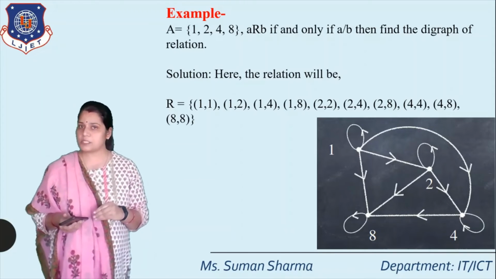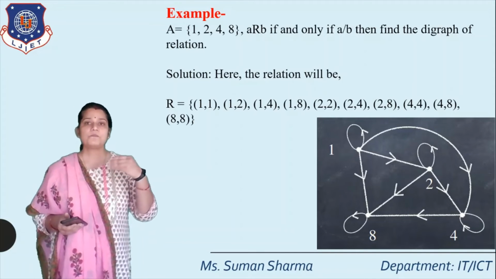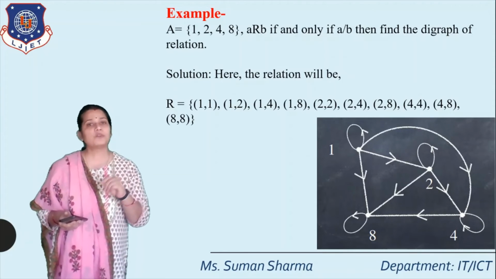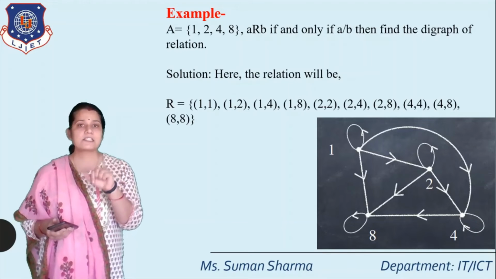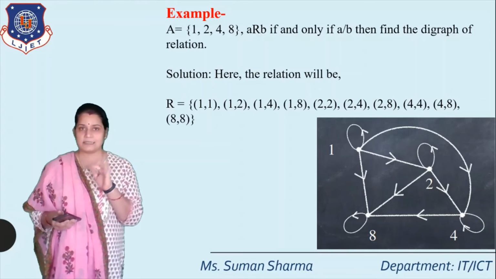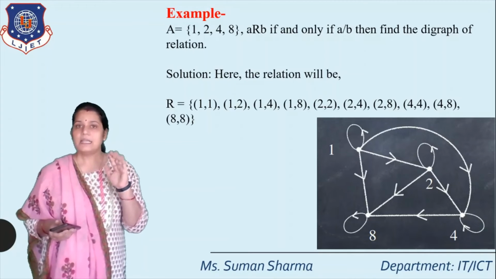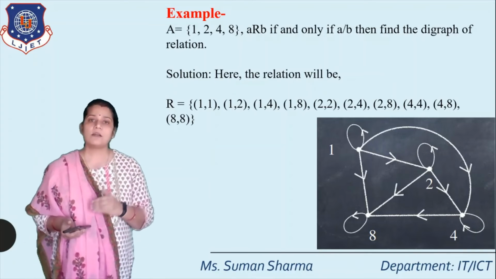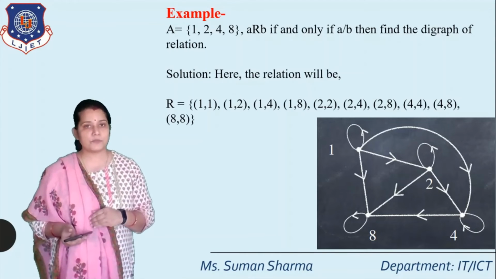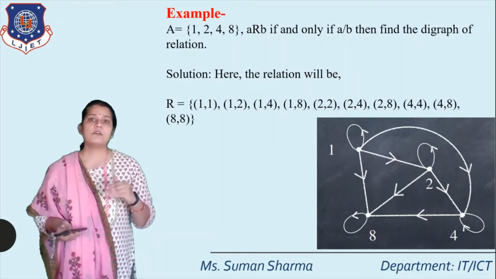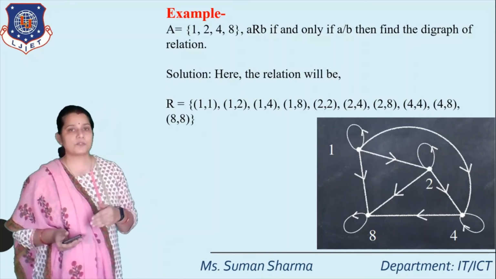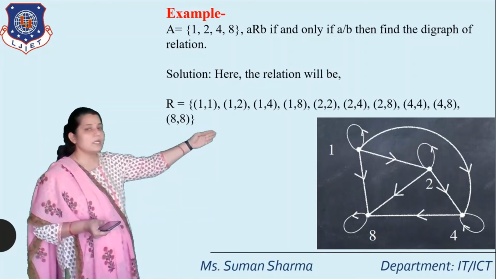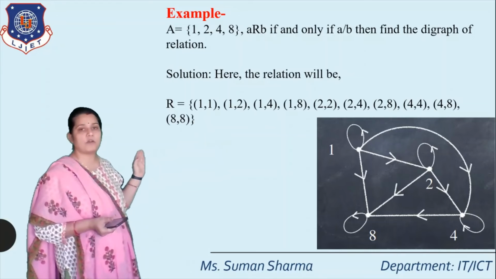So we write 2 comma 2, 2 comma 4, 2 comma 8. Next element is 4. So 4 divides 4, so 4 comma 4. Next is 4 comma 8, that means 4 divides 8. And the last one is 8 comma 8. So we have the relation 1 comma 1, 1 comma 2, 1 comma 4, 1 comma 8, 2 comma 2, 2 comma 4, 2 comma 8, 4 comma 4, 4 comma 8, and 8 comma 8.